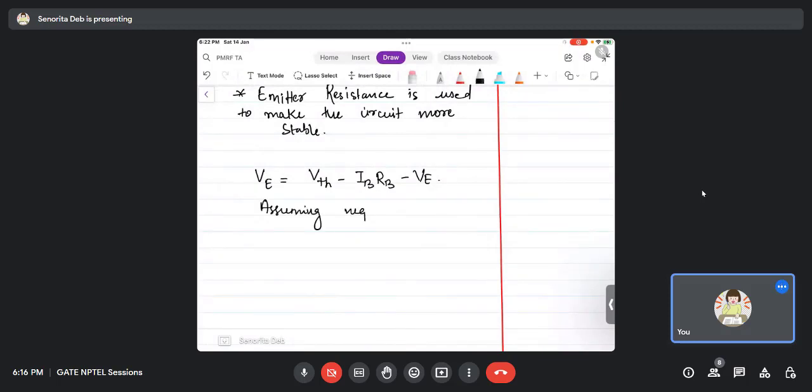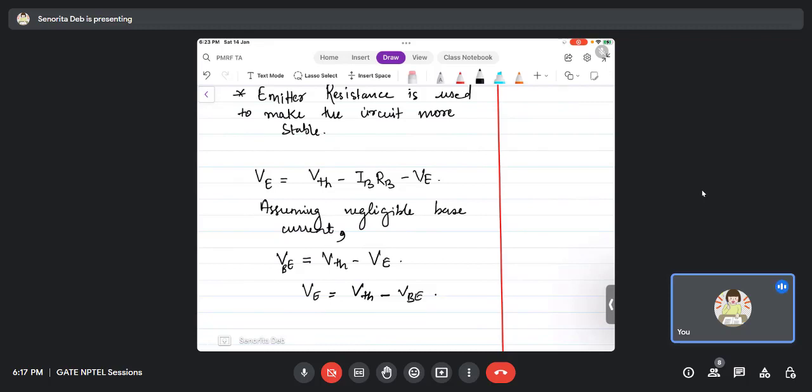Assuming, if you make the circuit such that the base current becomes negligible, VE will be equal to VTH minus VBE, or I can say that the emitter dissipation is equal to VB minus VBE, right? So in the earlier example, the 50 millivolts difference that we took, if you remember, 800 millivolts we used to take as VB, then we took 750 millivolts.